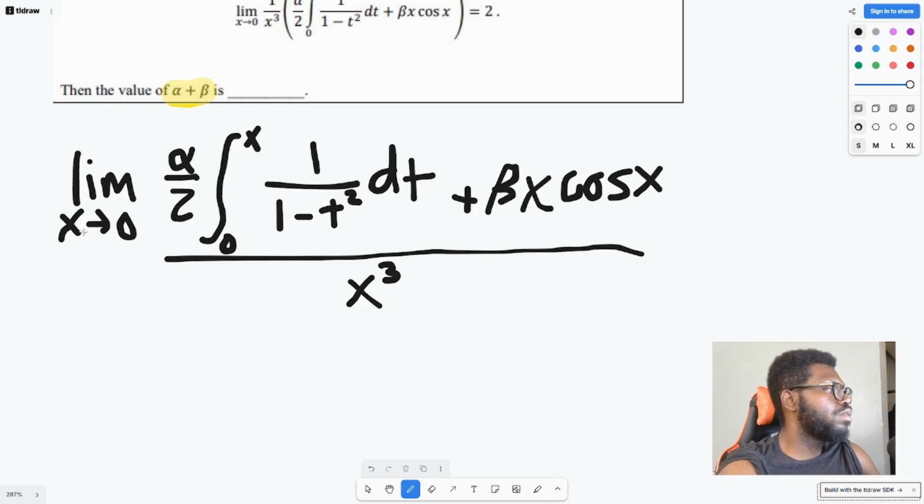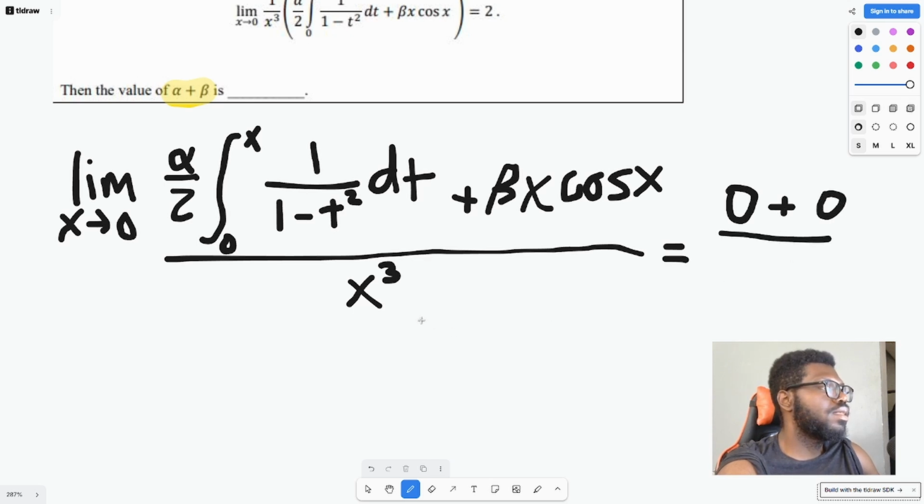All right, in terms of the numerator, we're going to end with alpha over 2 times the integral from 0 to 0 of 1 over 1 minus t squared dt. But that's just going to equal 0 because then the upper and lower limits would be the same. They'd both be 0. In terms of the second term in the numerator, we have beta x cosine x. When you plug in 0 for x here, you're going to get 0 again.